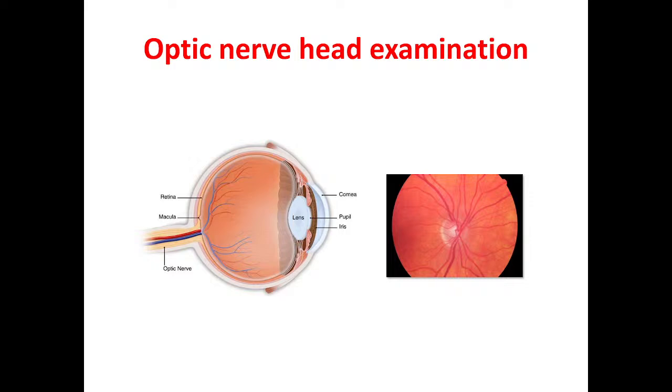Now, how do we examine? Last time I told you this. How do we examine? Which instrument will we use to examine the fundus and the optic nerve head? Ophthalmoscope. Which ophthalmoscope? There are 2 types, direct and indirect. So, do we use direct or indirect, is it the ideal method to see the optic nerve head in glaucoma?